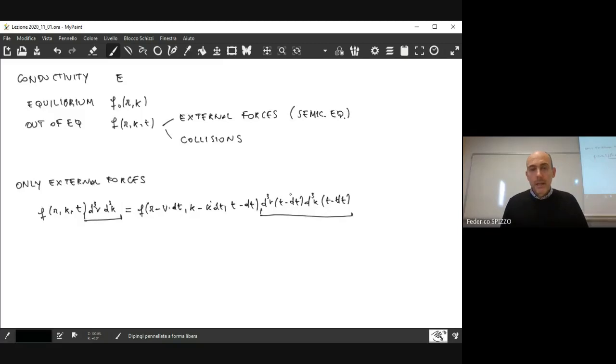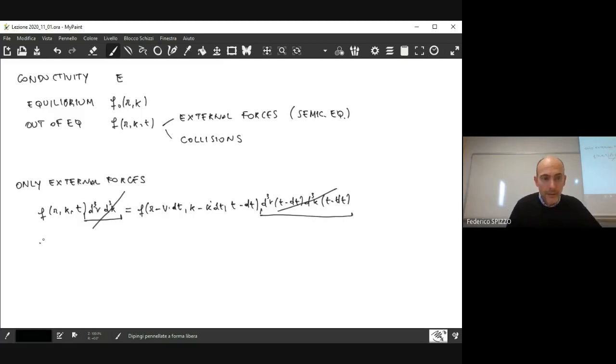So two different volumes corresponding to two different instants in the time evolution. But if the time evolution is just due to external forces, so due to the dynamics of the system, there is the Liouville theorem that tells us that the volume in phase space, so this volume here and this volume here, is the same and may be simplified, since classical equations preserve the volume in the phase space. So at this point, we may simplify those two parts here.